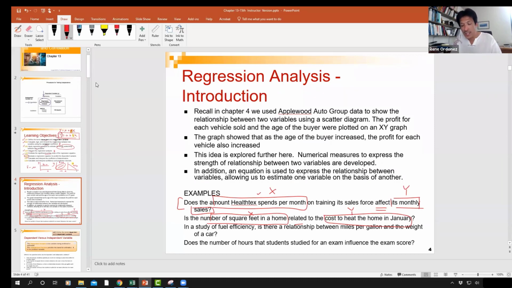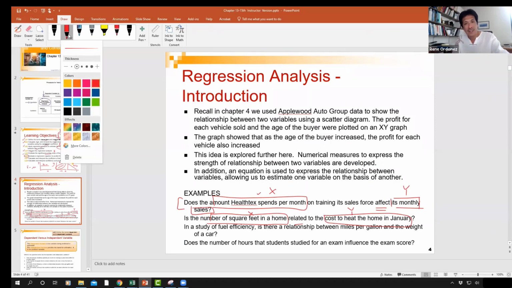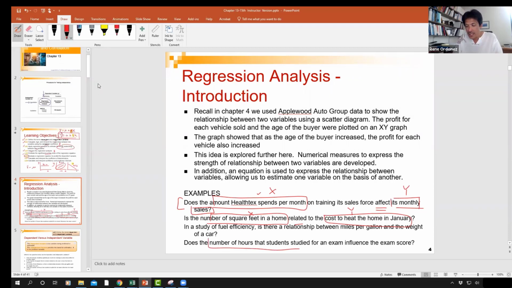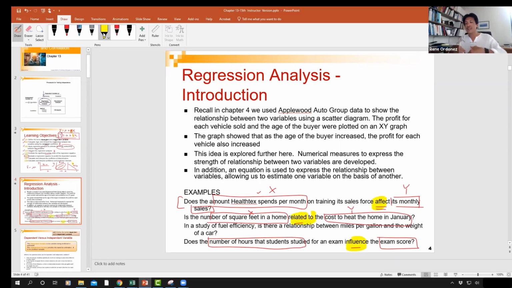And then a third question is, does the number of hours students study for an exam influence exam score? So in these three examples, you see words such as affect, related to, or influence as terms that are synonymous with or interchangeable to this word: are they correlated?